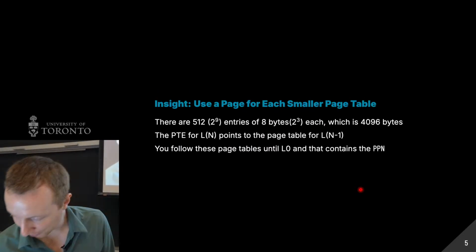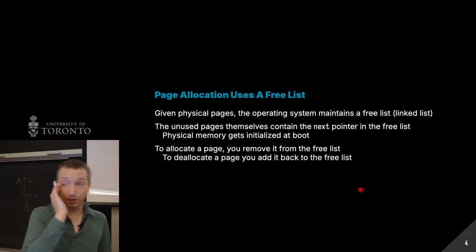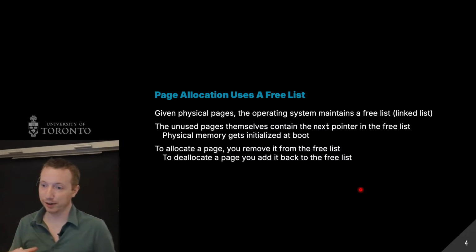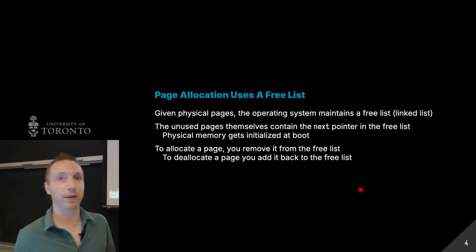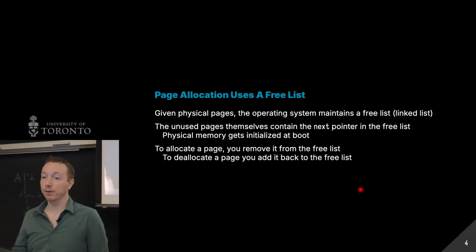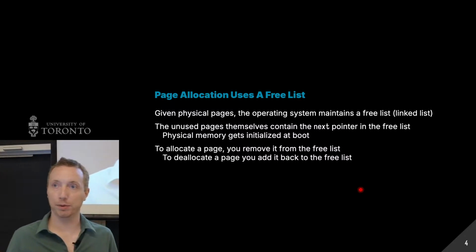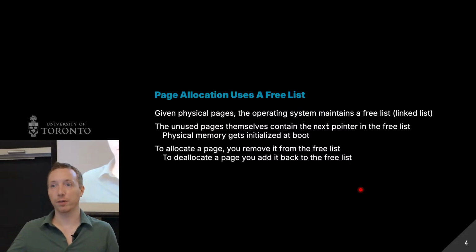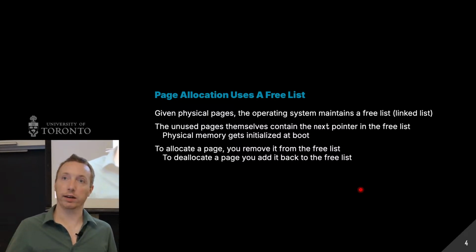All right, so let us, and why we do this too, the memory allocator in the kernel is really, really, really simple. It just uses a linked list called a free list. Given physical pages, your operating system, when your computer boots up, just divides all of your memory into pages and maintains a linked list.